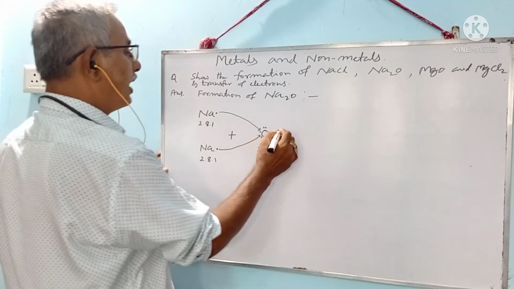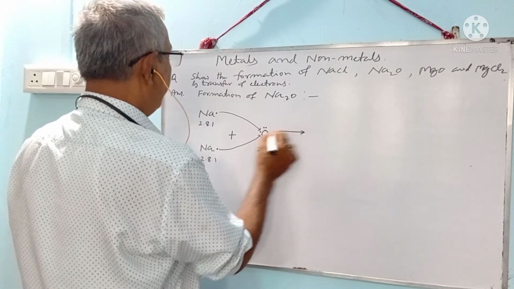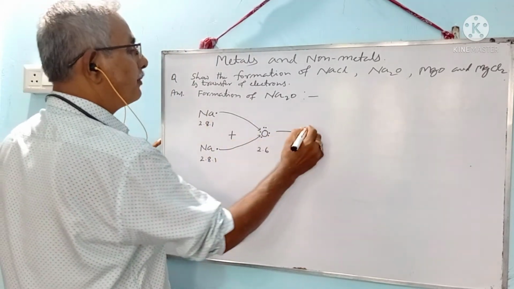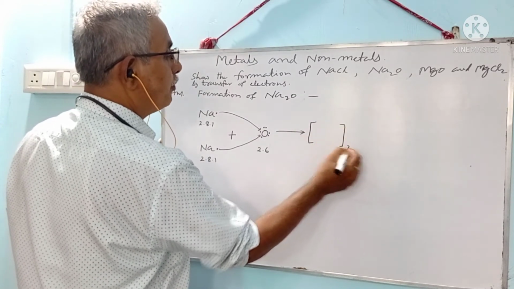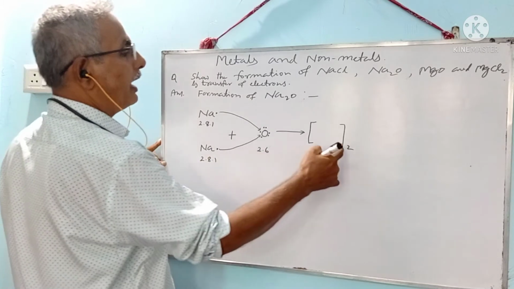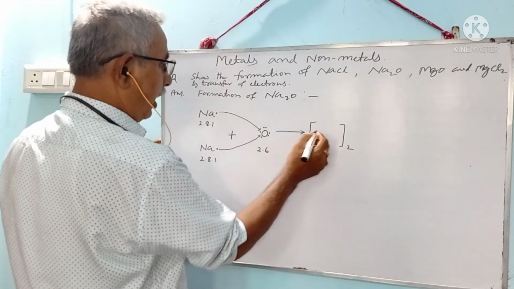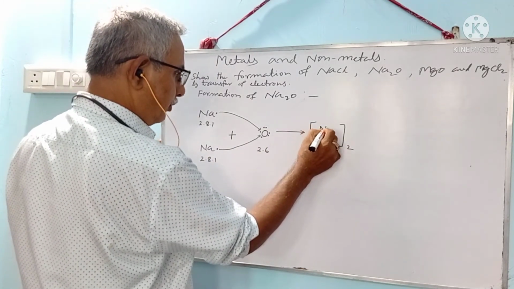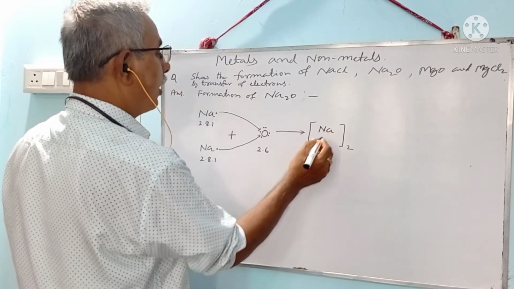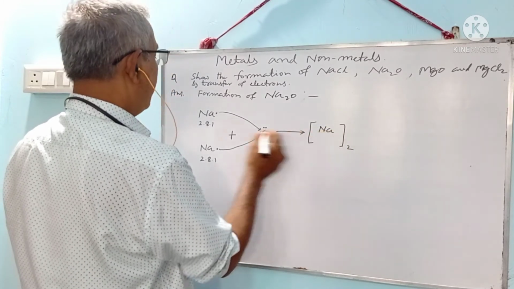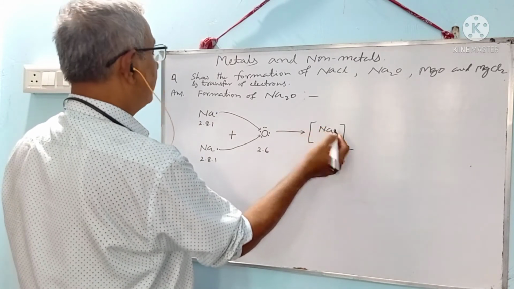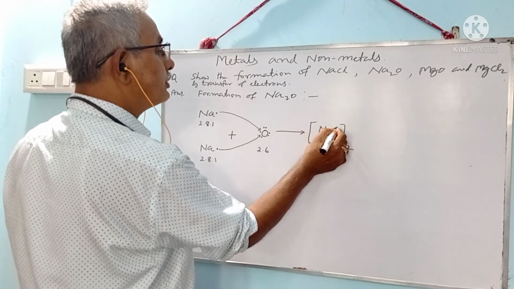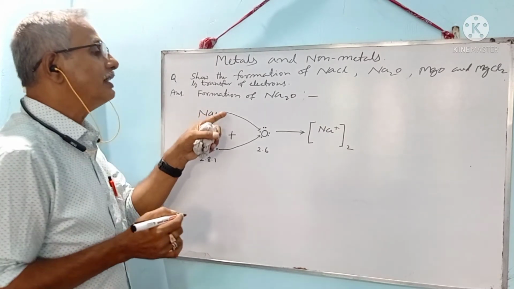As a result, what happens? Do you understand? Sodium, I am writing like that. Here I write 2 because 2 atoms are there. Now for each sodium, what happens? In the outermost orbit, there will be one positive because one electron is lost.